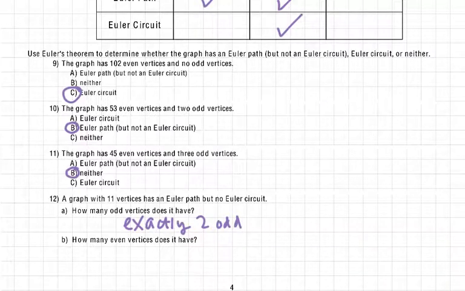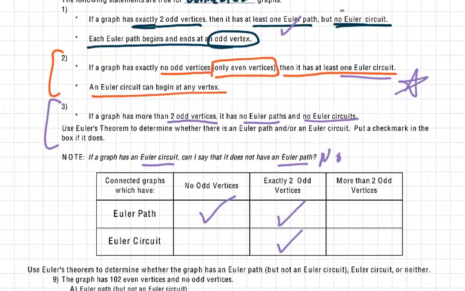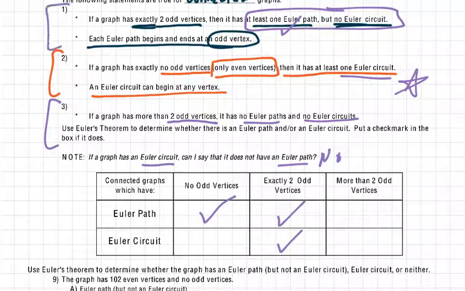How many even vertices would it have? That would mean it would have 9 even vertices. That is based on the fact that it has an Euler path but no Euler circuit, from that first part of Euler's theorem.